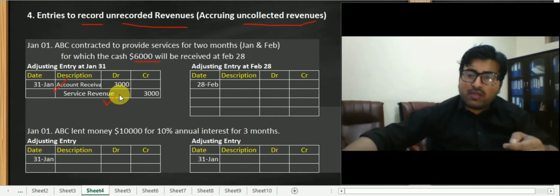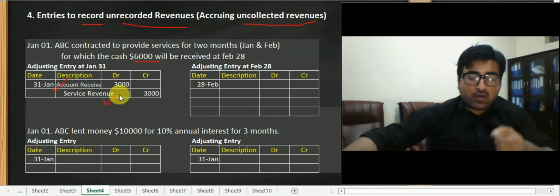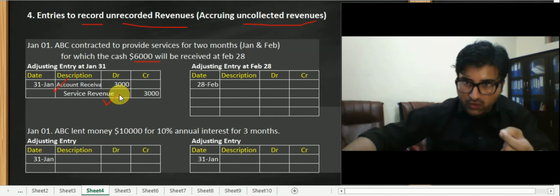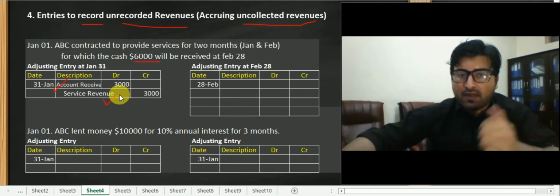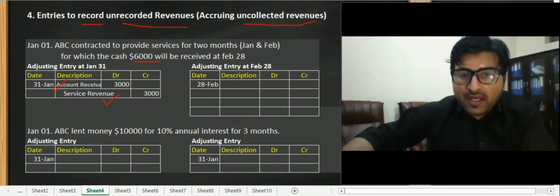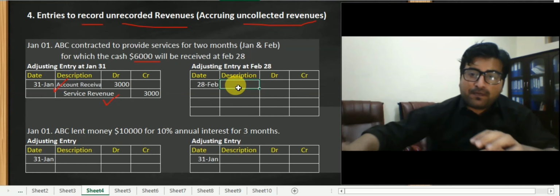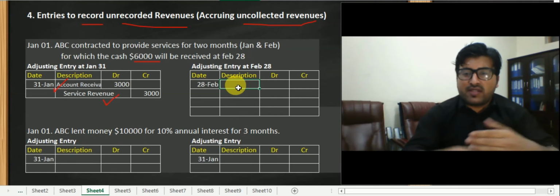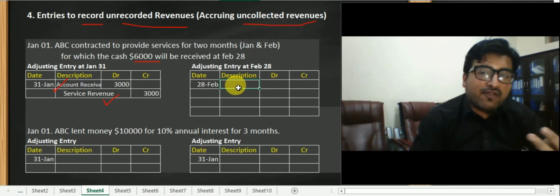This is what we mean by adjusting entry, to record the revenue you have earned but have not received, like this one. Now what is happening in February? In February you are receiving all of the money. It means your services are completed because you have contracted to provide services for 2 months.